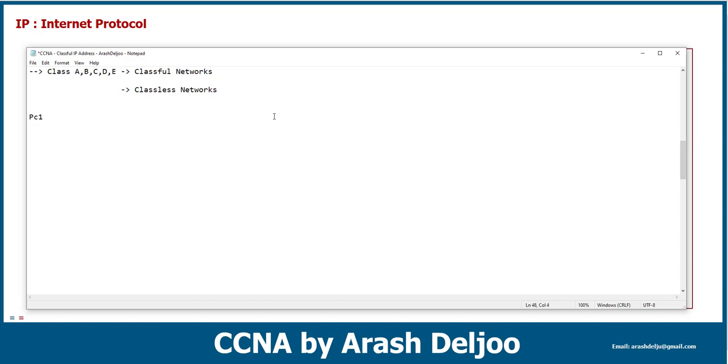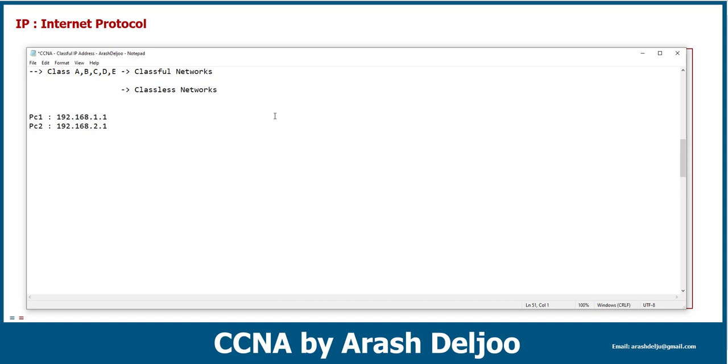I said that we have one PC, for example PC1, with the IP address 192.168.1.1, and the IP address of PC2 is, for example, 192.168.2.1, or an IP address such as this. The IP address is not important, the concept is important. I used this example for understanding the function of the IP address classes.